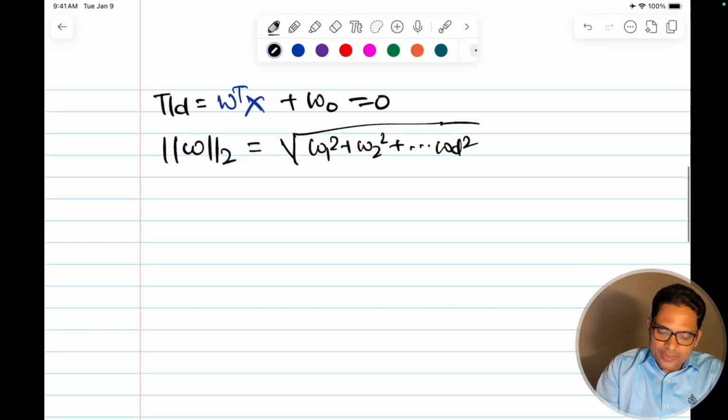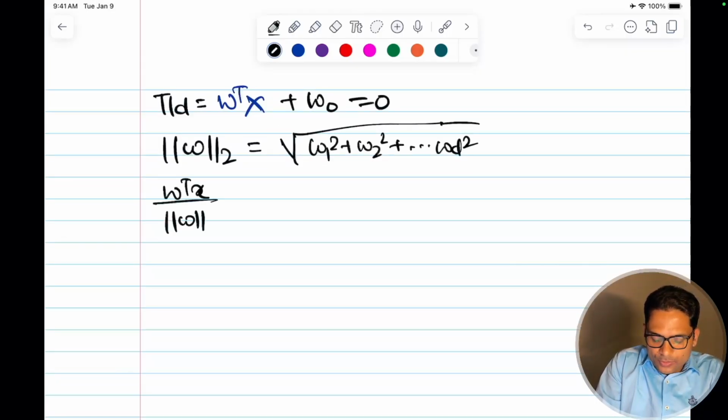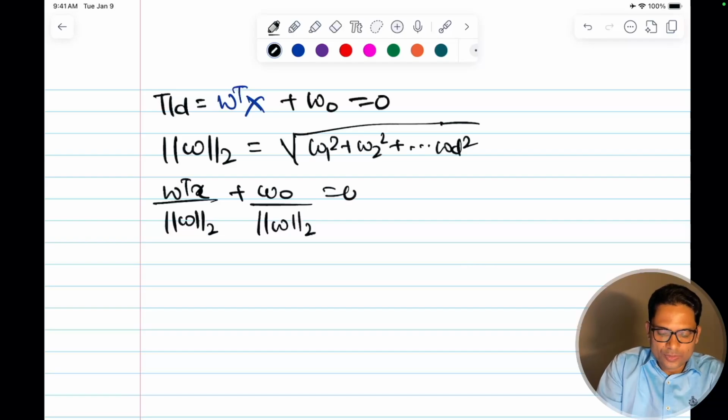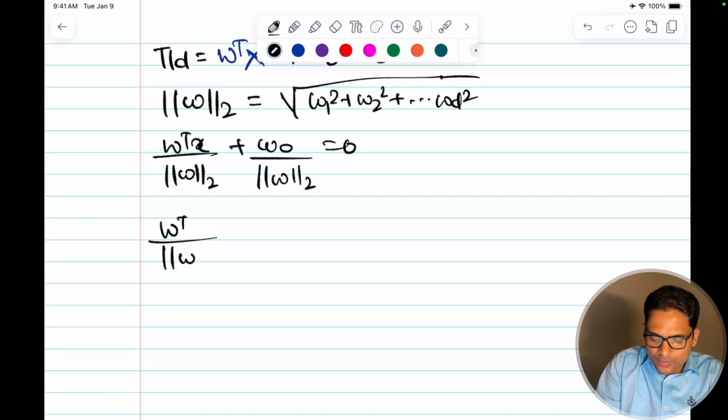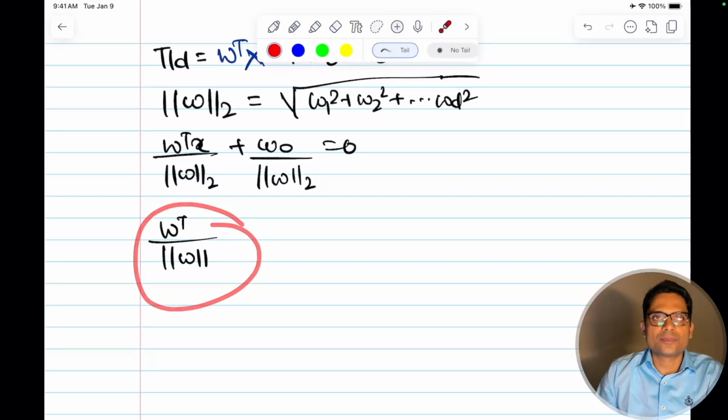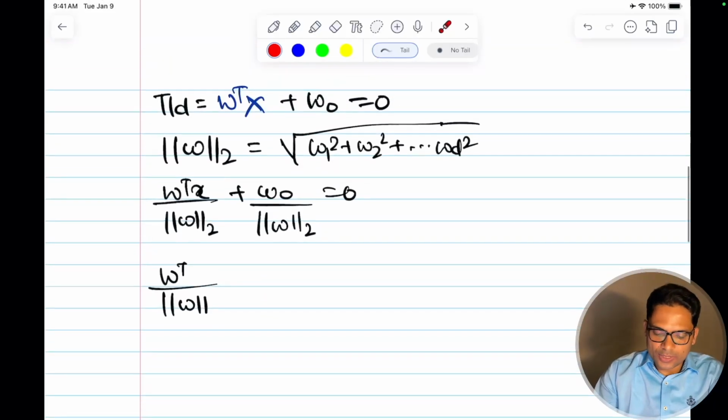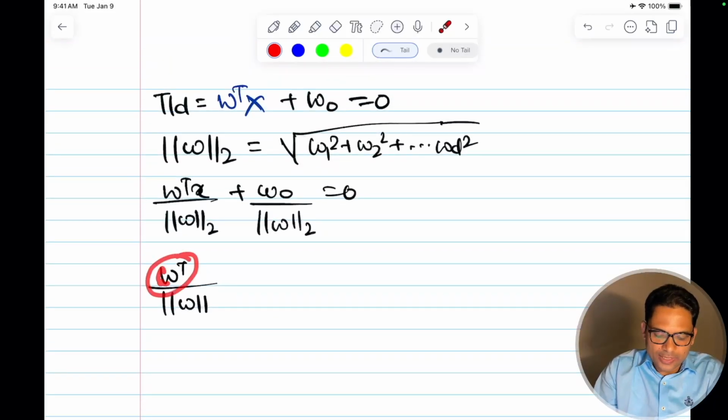Okay, so now let's divide both the sides. So this will be w transpose x by norm w plus w0 by norm w equal to 0. So what is this w transpose by norm w? This is a vector, right?